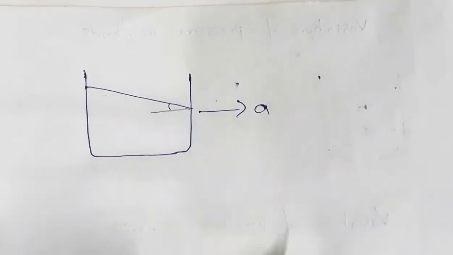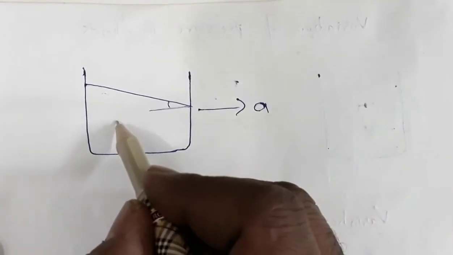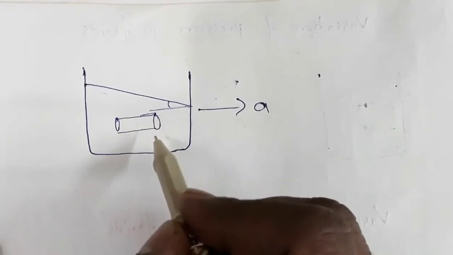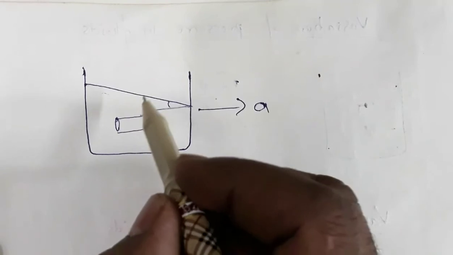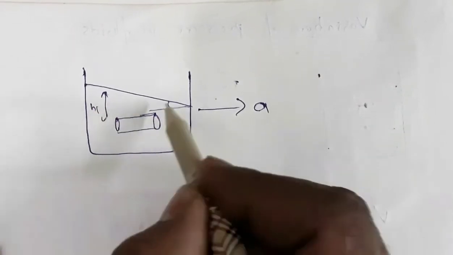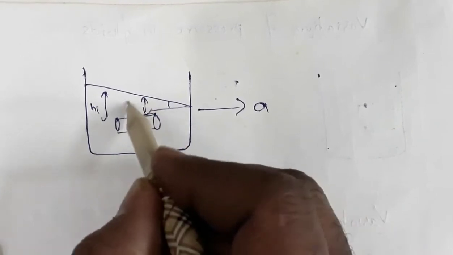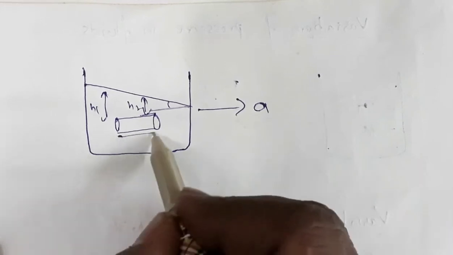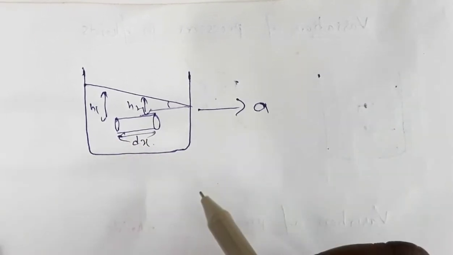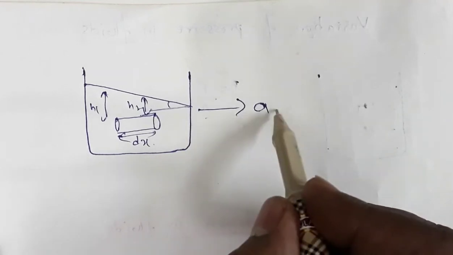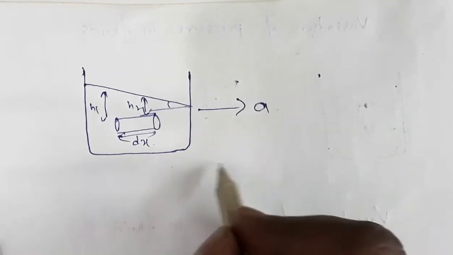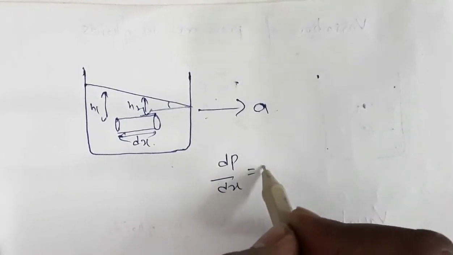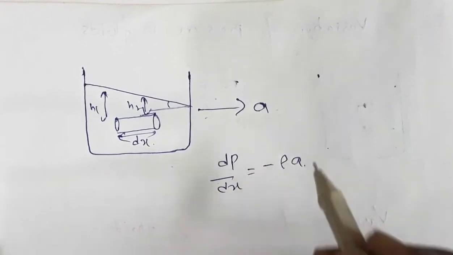Now, if we consider a cylindrical volume inside the liquid as done in the previous part, this is say H1 and this is H2. These two parts are separated by distance dx. If the system is accelerating in this direction with acceleration a, we have already obtained dP by dx as minus rho a.